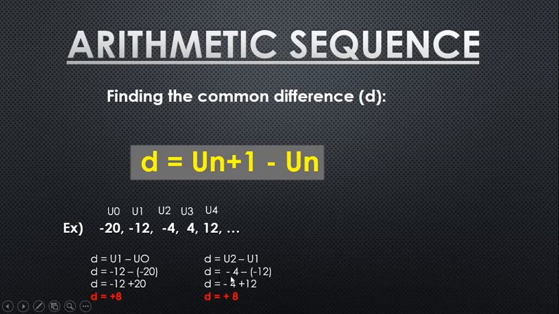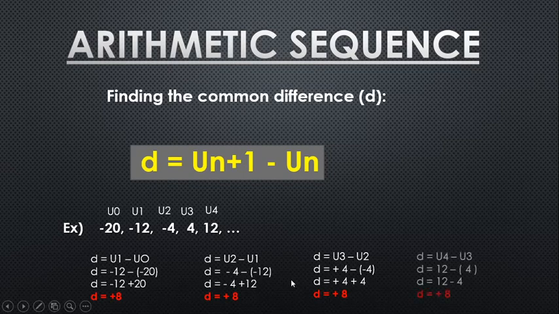So it will be minus 4 minus minus 12. Common difference will be 8. If you took u3 and u2, you have to subtract u3 minus u2. You will obtain plus 8. And finally, if you took these two terms, it will be u4 minus u3. So 12 minus 4 equals 8.